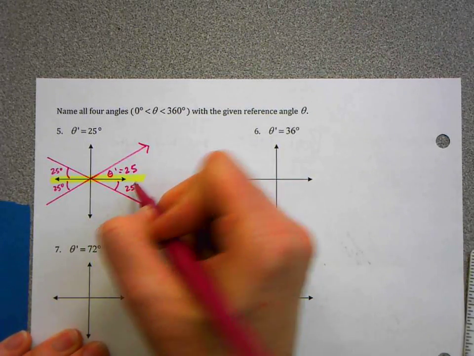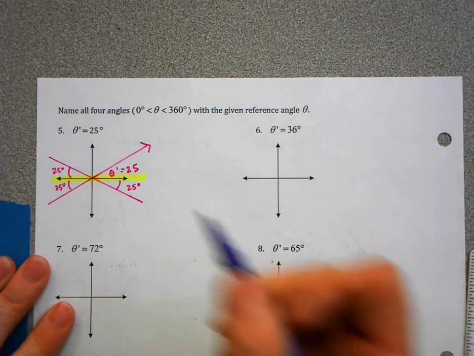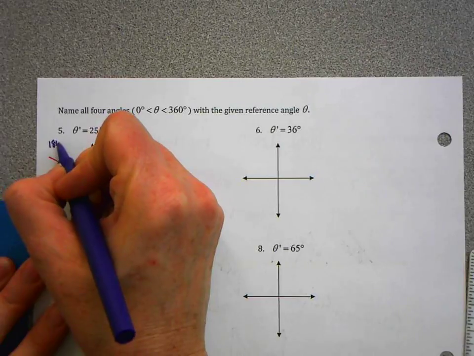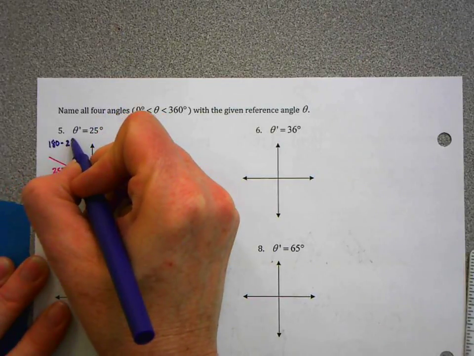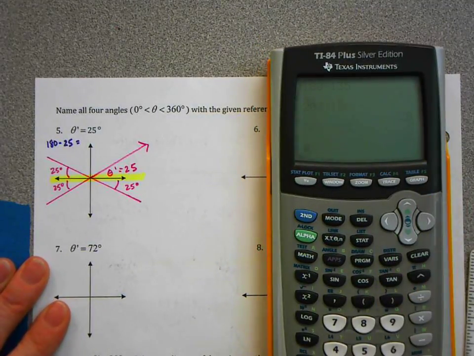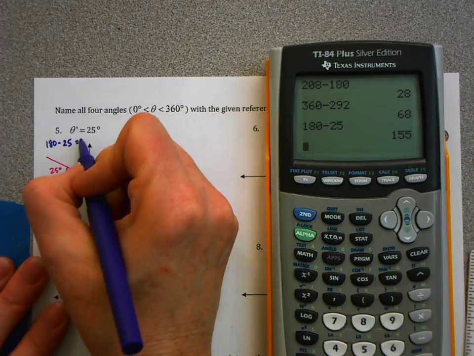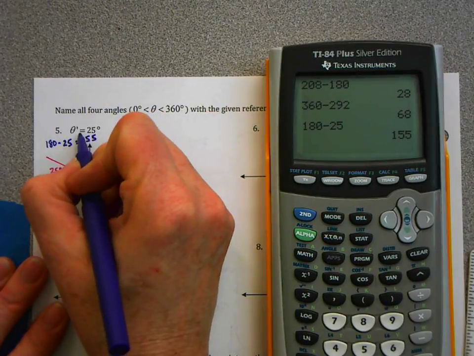What I want to know is, what is the actual rotation? So for quadrant 2, what did I do? 180 minus 25 theta prime equals, calculator, 180 minus 25 equals 155. So in the second, 155.